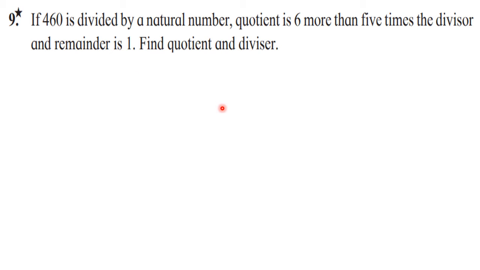So immediately you can recall the relationship between these 4 words: dividend, divisor, quotient and remainder. You know that dividend is equal to quotient into divisor plus remainder. You studied this relationship when you studied division in lower standards, and it is going to help us here.